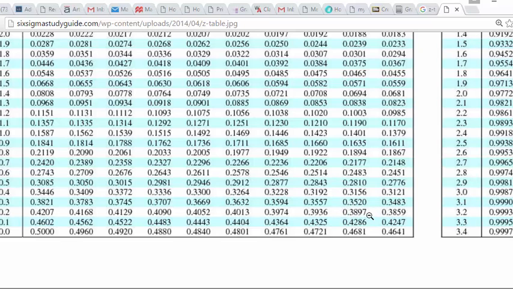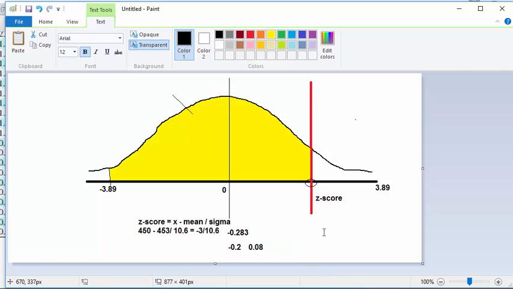It's the number 0.3897. What is this? This is the probability that your x is less than 450.